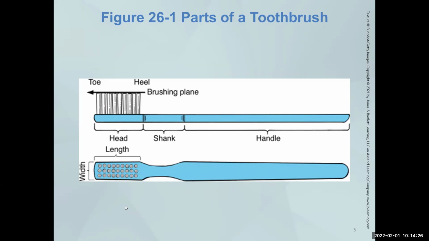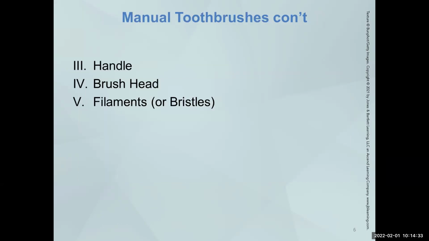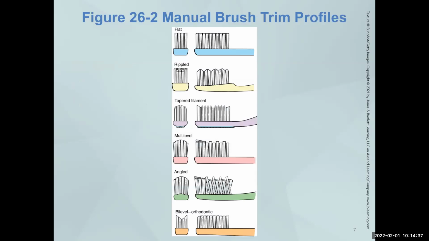So this is the classic toothbrush, flat brushing plane. But they come in all sorts of different sizes and shapes now. So the flat was the classic. Look at this rippled. I like the rippled. When you're doing your little wiggles, it gets interproximally a little bit better.